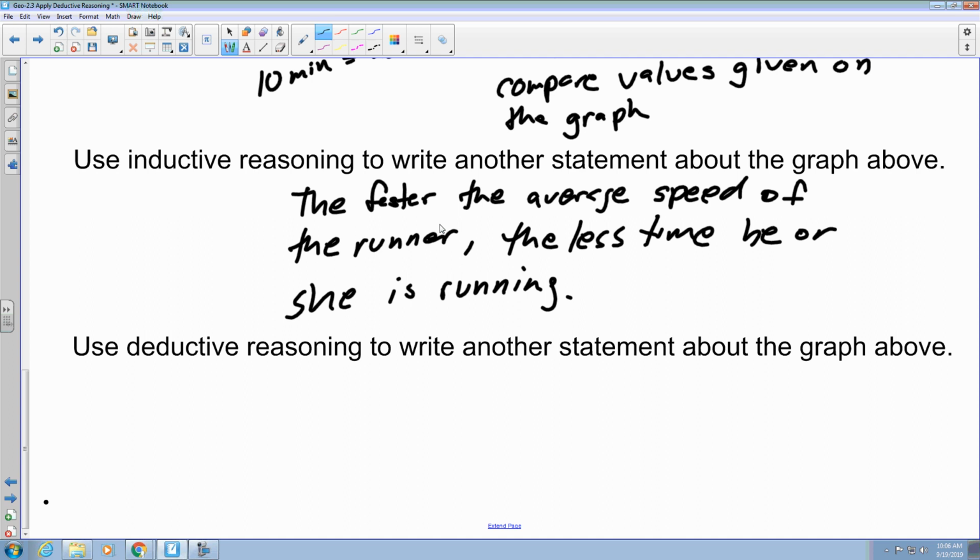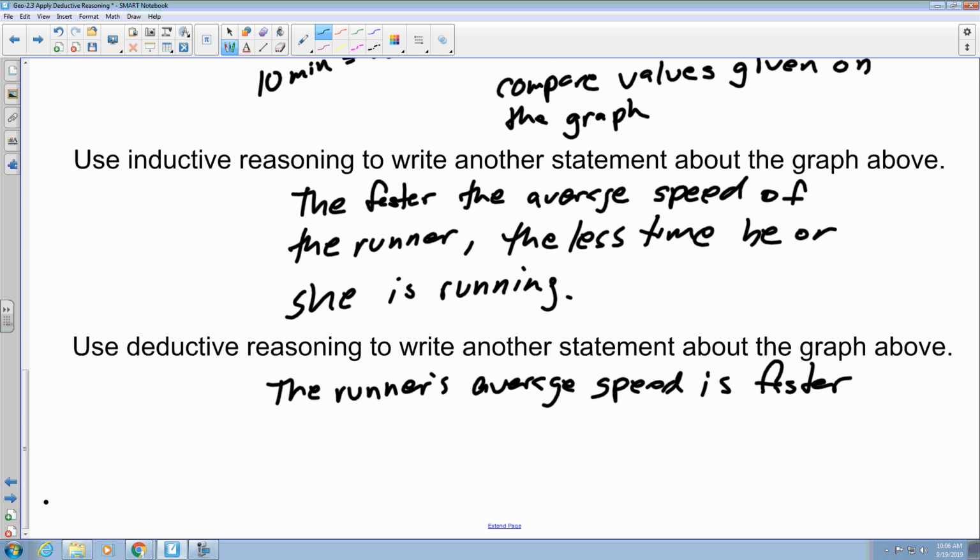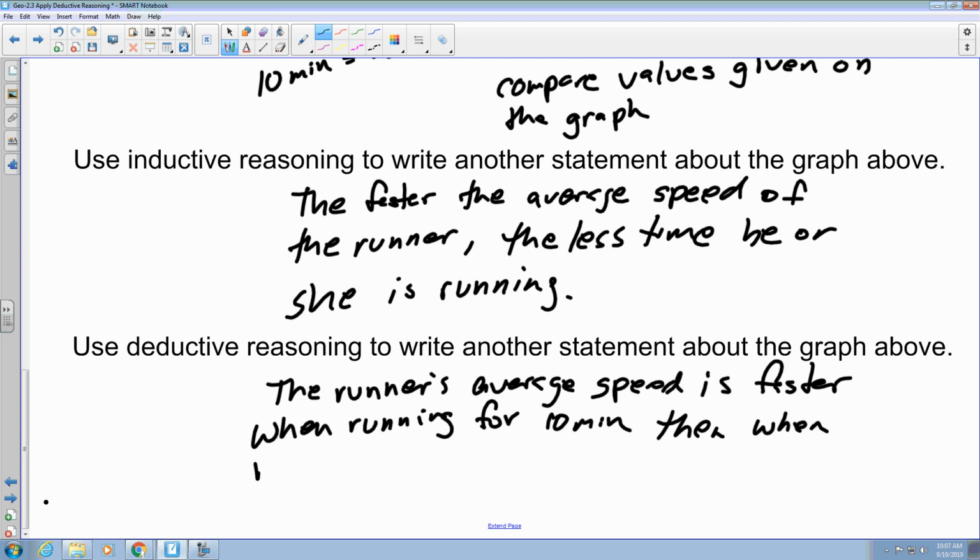We can say here, using deductive reasoning and the data, that the runner's average speed is faster when running for 10 minutes than when running for 40 minutes.